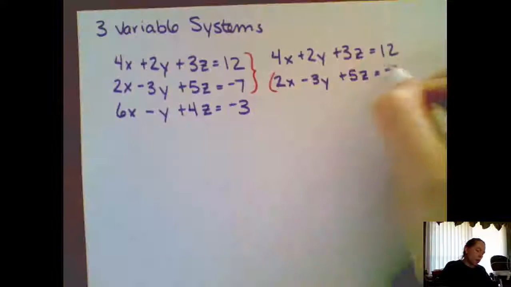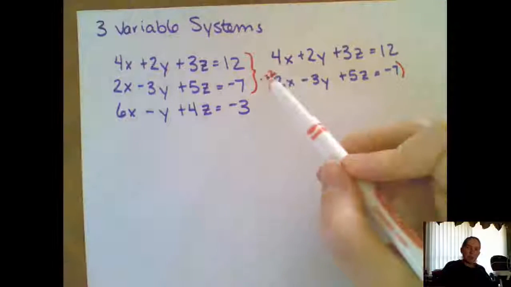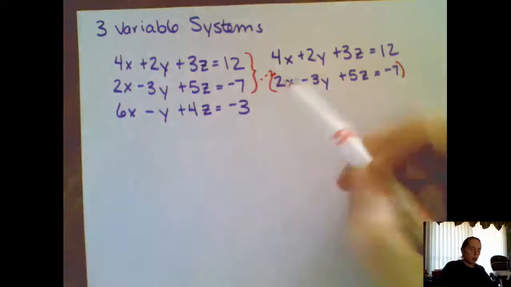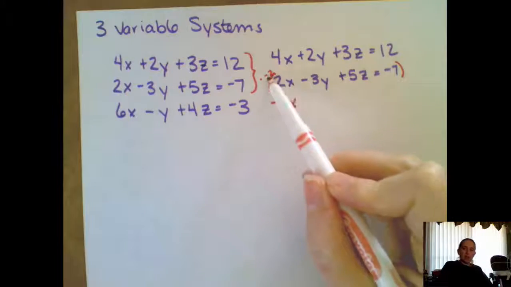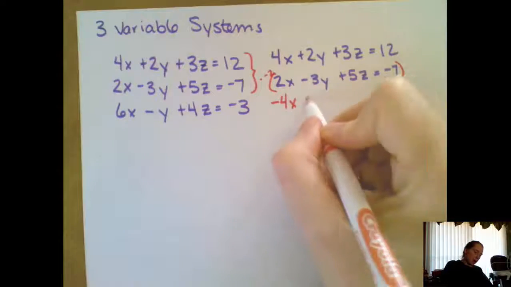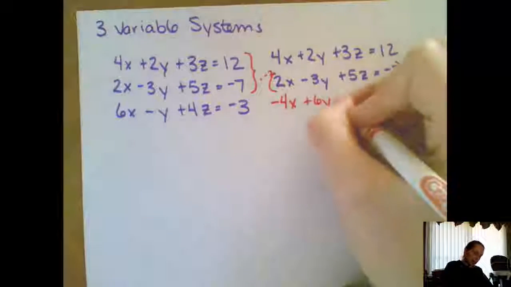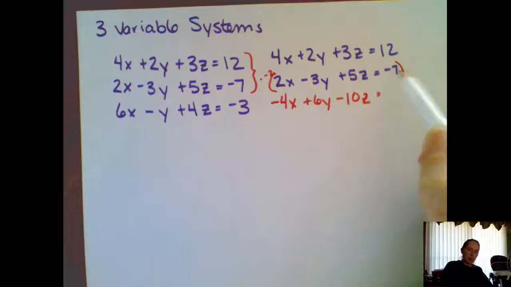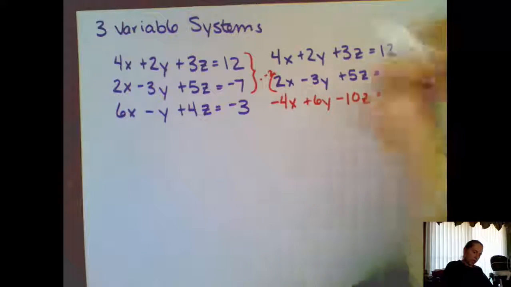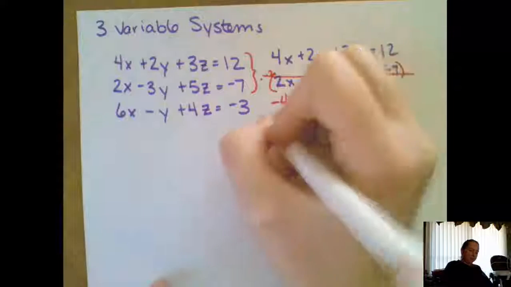So I'm going to times that equation by a negative 2, because negative 2 times 2 is negative 4x. Negative 2 times negative 3 is a positive 6y. Negative 2 times 5 is a negative 10z. And negative 2 times negative 7 is a positive 14. And I'm going to cross this guy out so that I don't look at him.